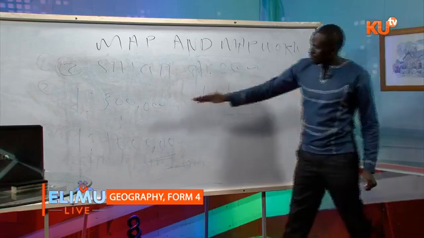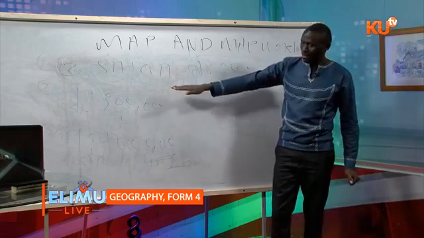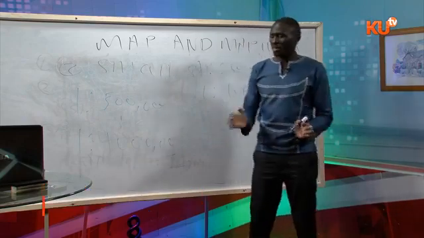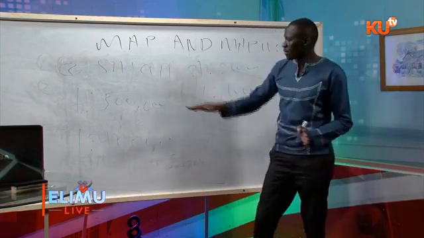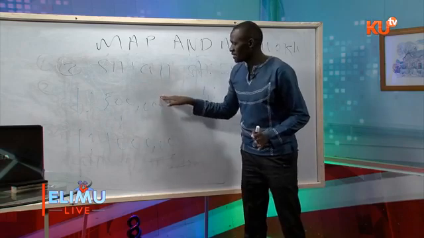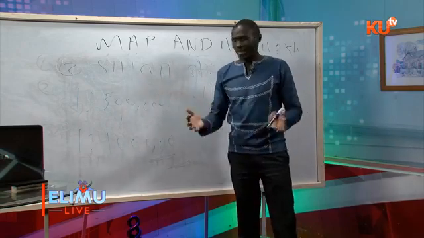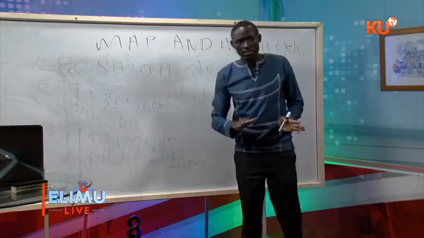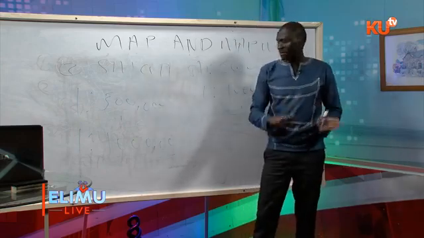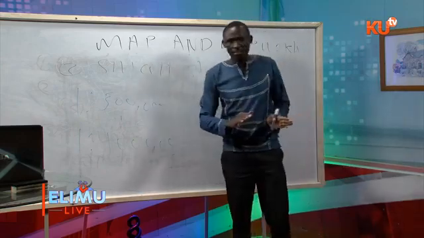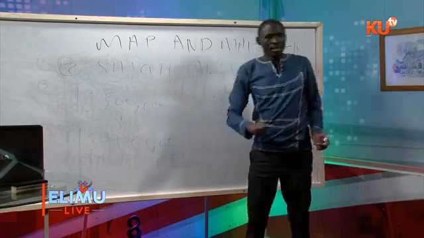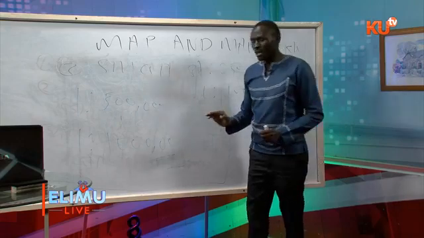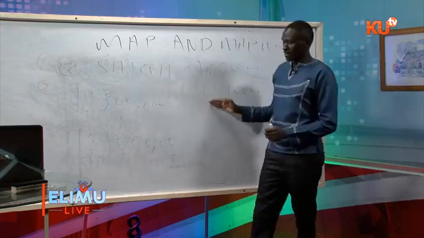When we were starting with the large scales, we said the large scales focus on a village level or a small area. And that's why we use large scale to depict these things clearly. And then the second one is the medium scale, which focuses on areas that are of medium size, between 1 to 50,000 and 1 to 100,000.